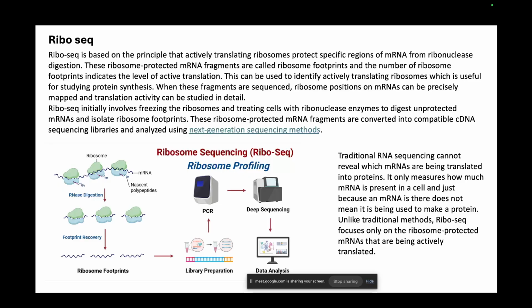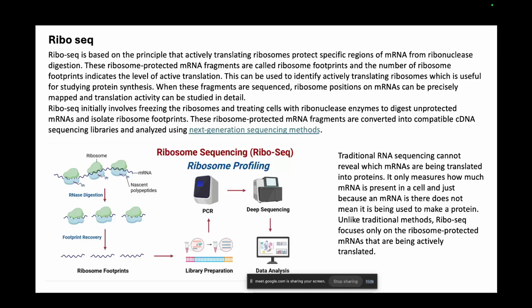This can be used to identify actively translating ribosomes, which is useful for studying protein synthesis. When these fragments are sequenced, ribosome positions on the mRNAs can be precisely mapped, and translation activity can be studied in detail. So here what you're trying to see is which of these mRNAs are actually being translated into protein.